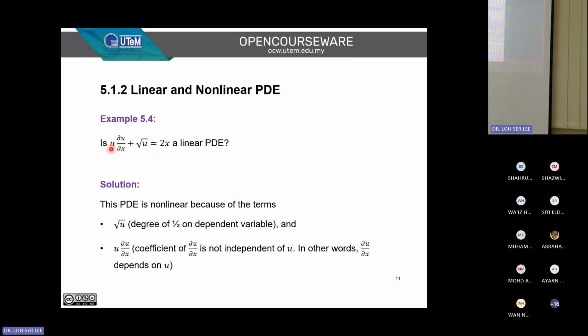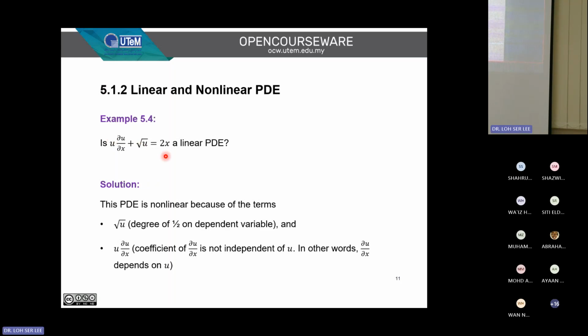So this is not acceptable. This leads to the non-linearity. And this U term, the coefficient is +1, no issue. But because of U power of half, it leads to the non-linearity of the PDE. So the answer is non-linear PDE because of the U power of half, and also this UX is multiplied with U. Two factors that make it non-linear.